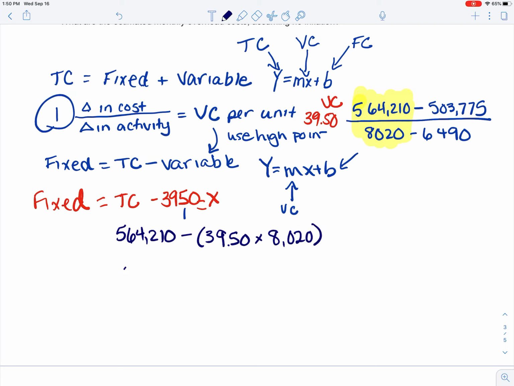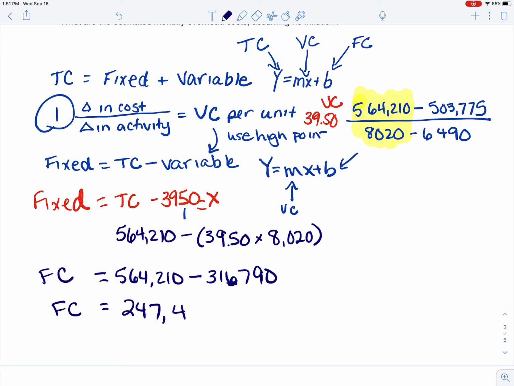And if I multiply this out, I have 564,210 minus 316,790 equals my fixed cost. Do a little bit more math. Find out my total fixed costs are 247,420.